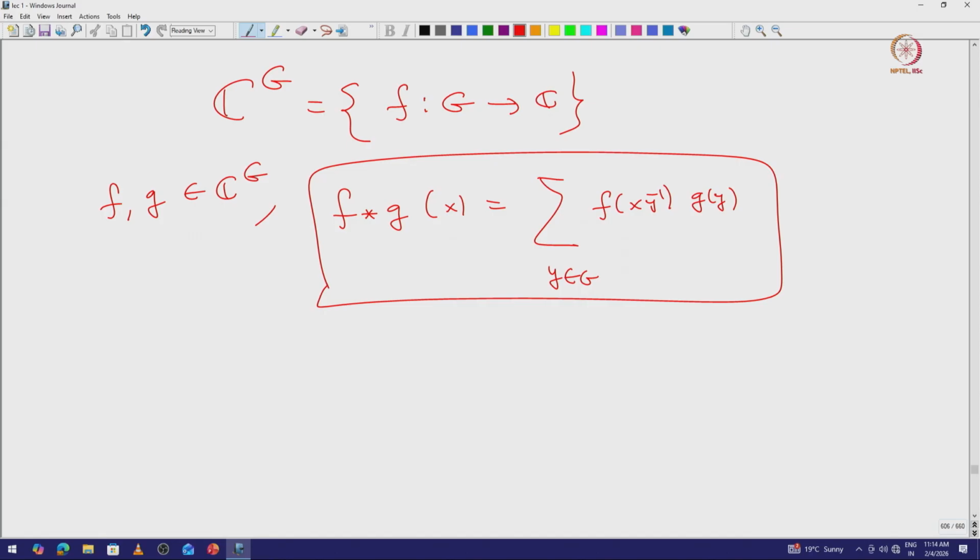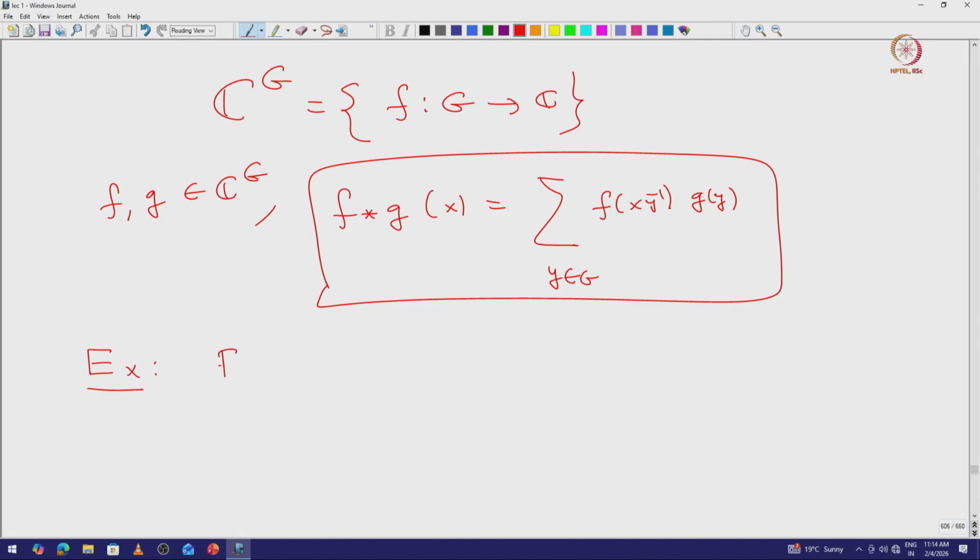So let us verify one by one. As I said before, it is easy to see that delta e is indeed a unit element in CG, and if we take the delta functions delta g, they indeed behave very well with respect to the group multiplication. So maybe I will leave that to check.